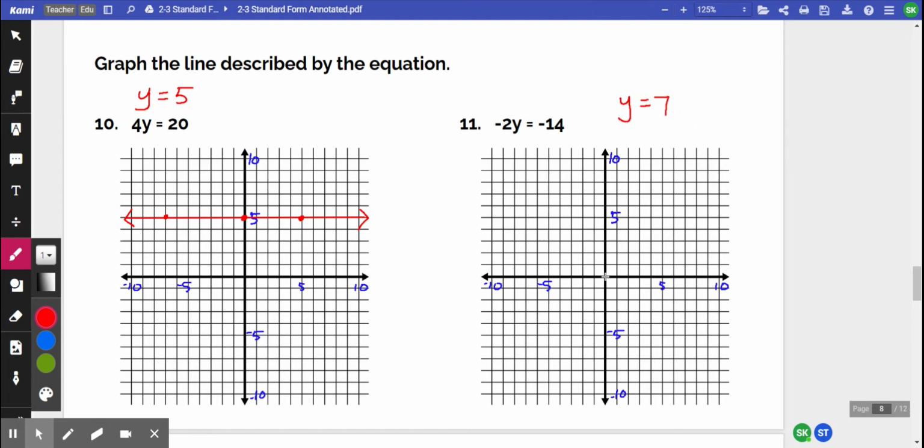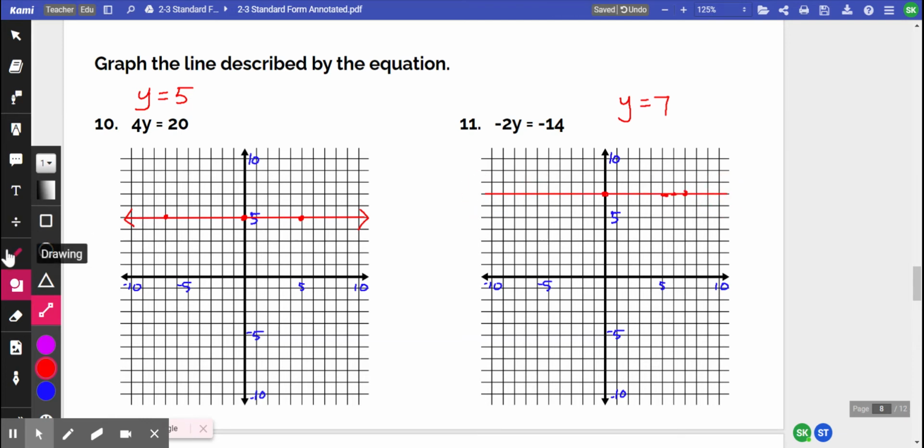So that means no matter what x value, y will always be at +7. So y is 7 here, y is 7 here, y is 7 here, and here, etc. So we connect that line, or connect the dots, I mean, to create a horizontal line at 7, where y equals 7.